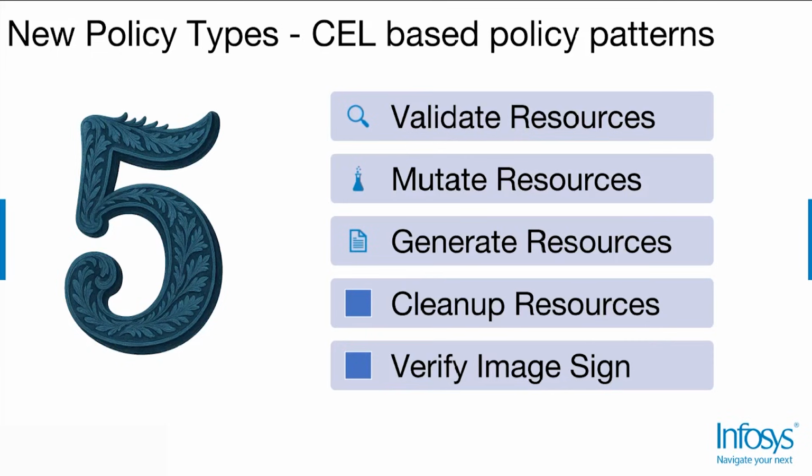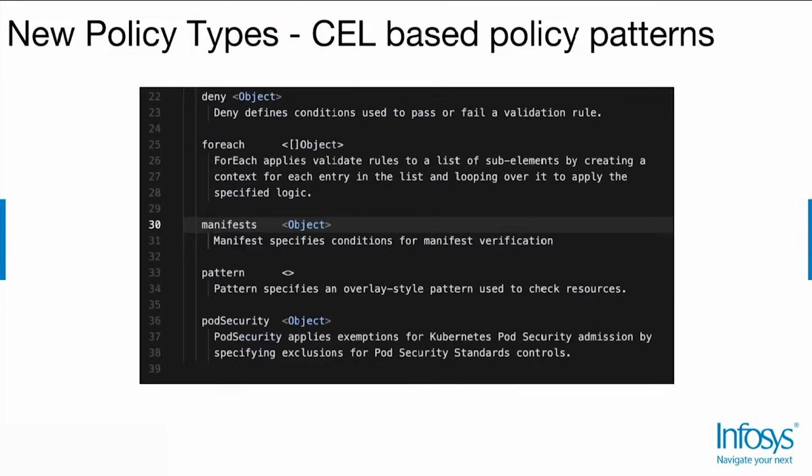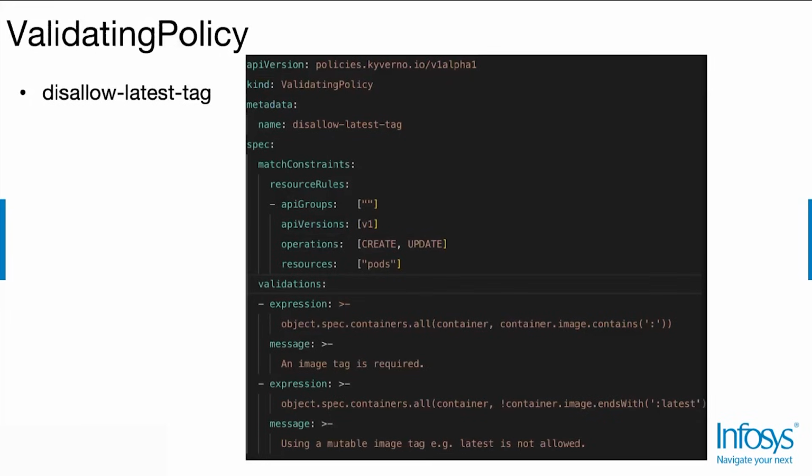Okay, with that, you may wonder, what does a CEL policy look like, right? We'll go through all 5 new policy types in action later in Kyverno. But now let's understand how the policies are made, how you can construct a new policy type using CEL expression. As you can see on the top, we have the API version available in this new group, policies.kyverno.io, in the v1alpha1 version, with the kind ValidatingPolicy, with the metadata that you are all familiar with from Kubernetes resources.